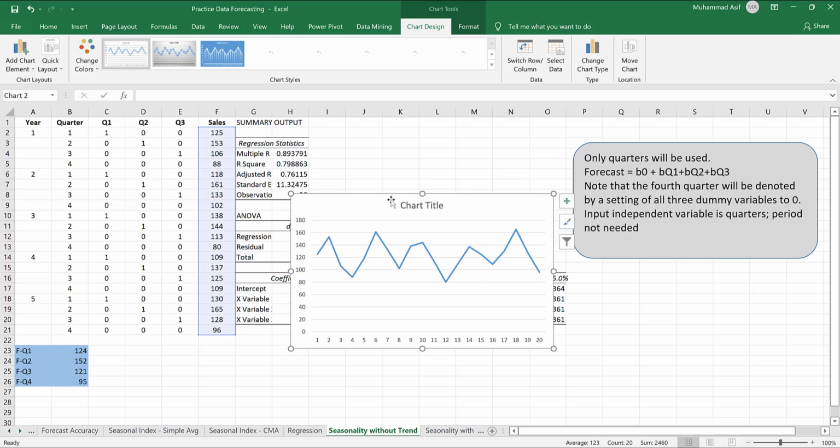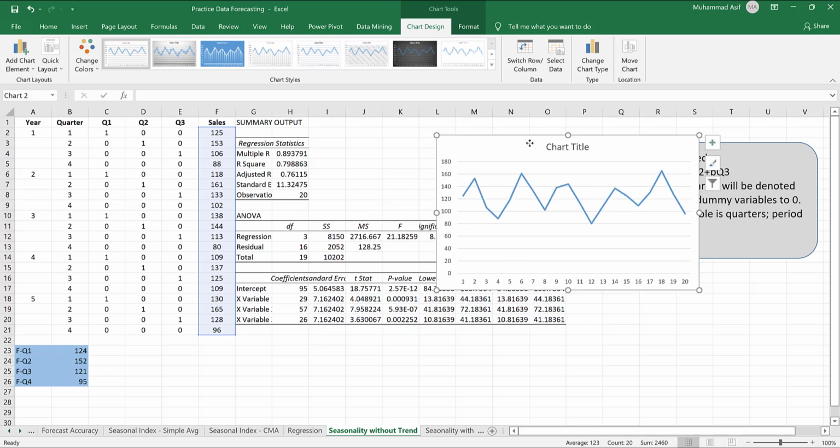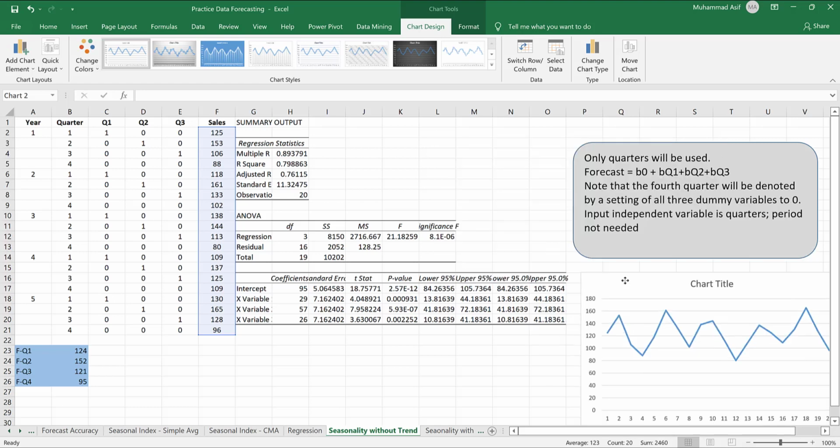And now, just one more thing: as you can see in this chart, there is no trend, which means we do not see any trend upward or negative. So the only thing that's relevant here is quarters, and for this one we use this method. If I could repeat it very quickly, the first thing is that we need to decide on the number of dummy variables. If we have 4 quarters, then we'll be using 3 dummy variables. If we have 5 quarters, then we'll be using 4.